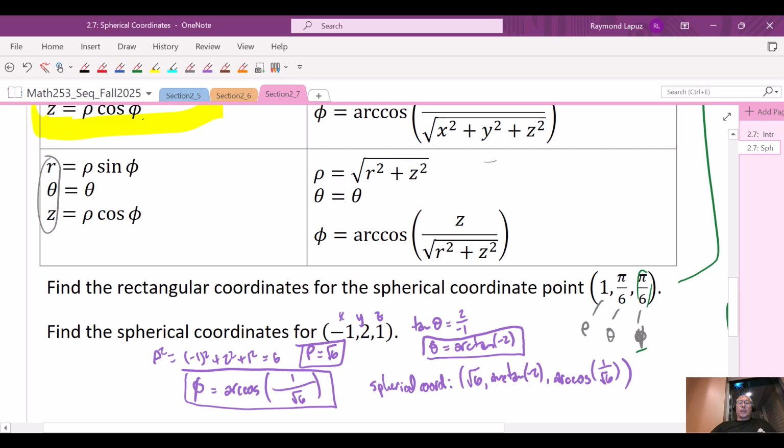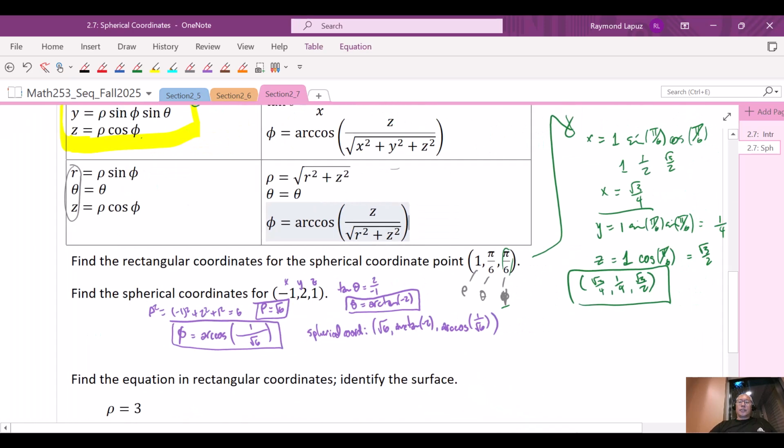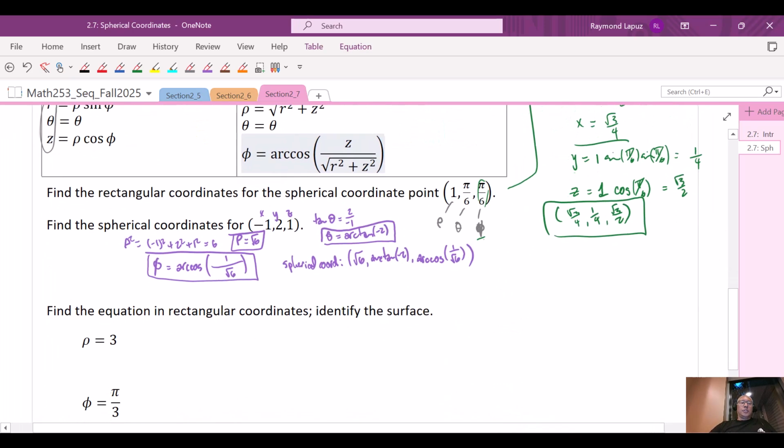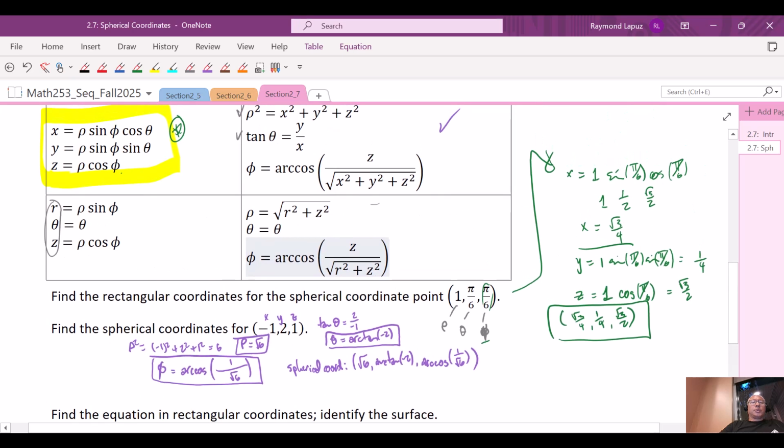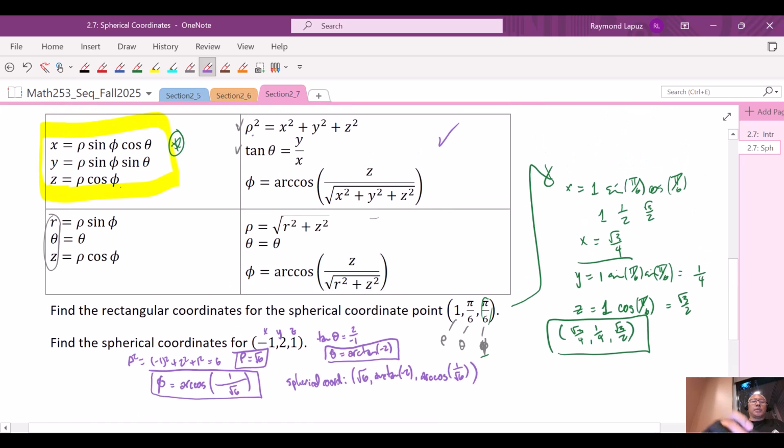Okay, let's take a look at our next set of questions, which is to translate the equation back into rectangular coordinates and then try to identify the surfaces. So remember, these are surfaces that we're describing with these equations. All right, let's do the first one. We have rho is equal to that. I think we can do it with rho, but if we square it, it might even be better.